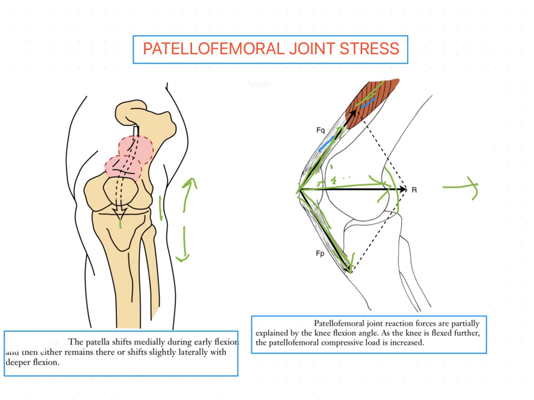How much? It has been estimated to reach between 5 to 6 times the body weight. Just imagine that. If your weight is 50 kgs, 5 times means how much? 250 kgs is how much joint compressive force is acting here.